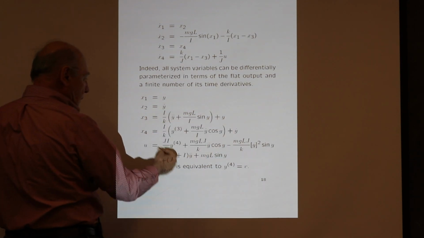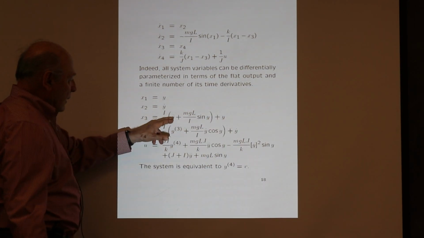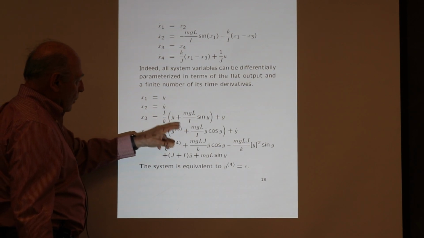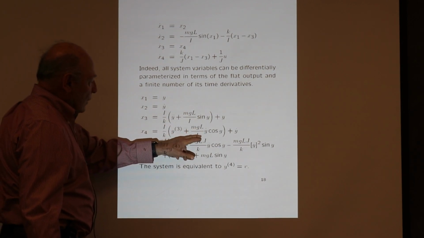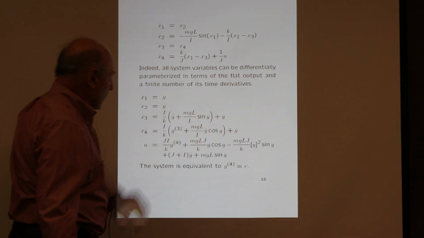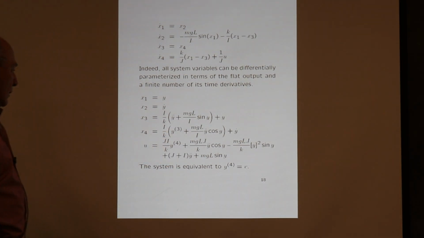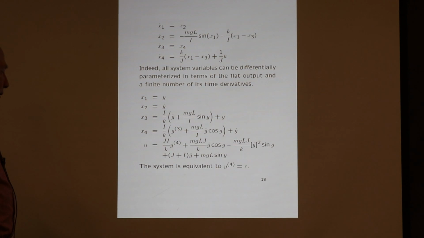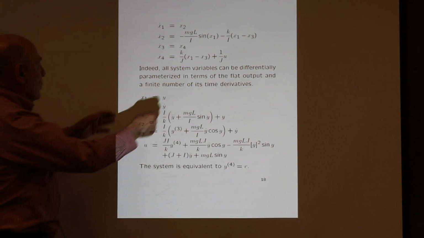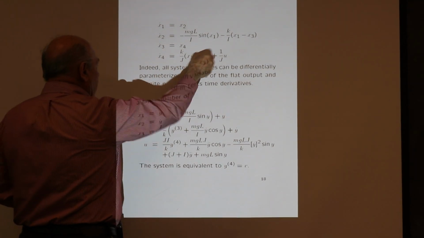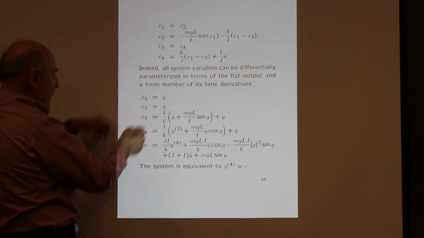So I derive this expression, and I obtain y triple dot and the cosine multiplied by y dot and y dot. So x4 can be computed in terms of y and the first 3 derivatives of y. And then u just takes the derivative of the previous one in a linear combination of x1 and x3.